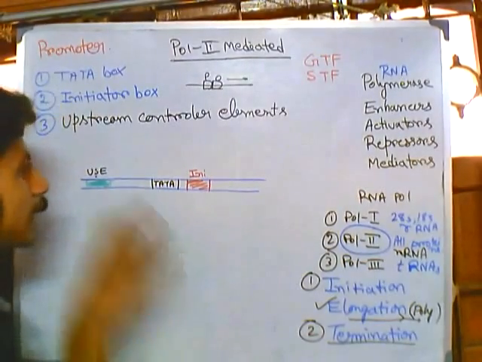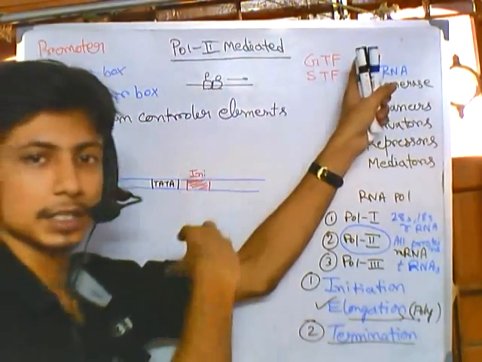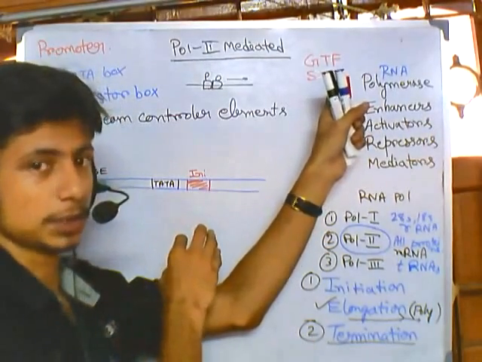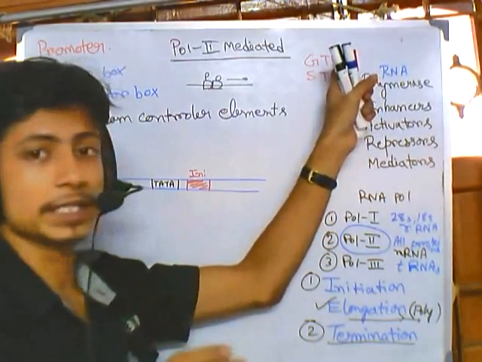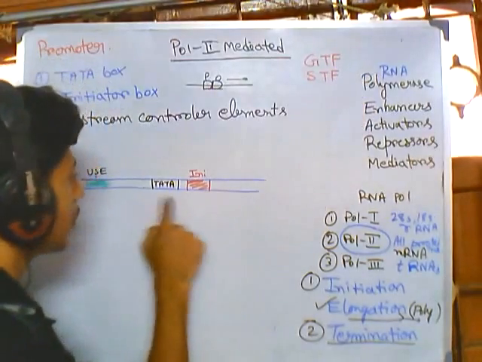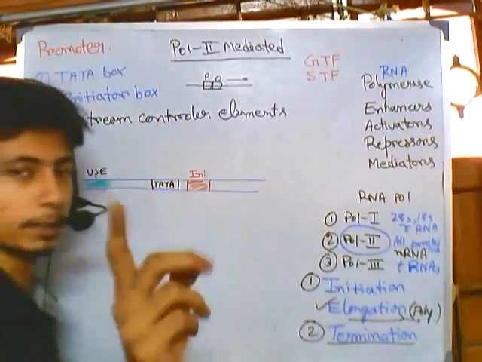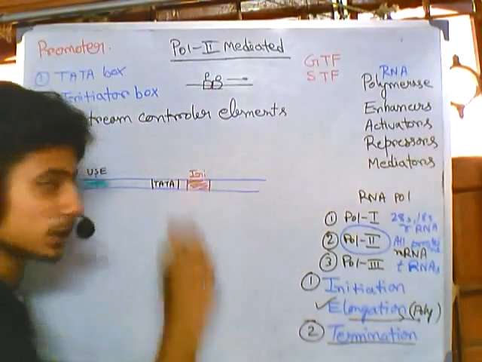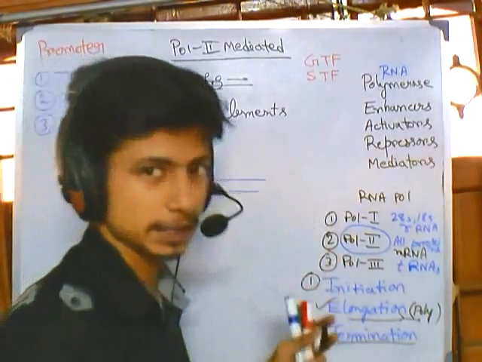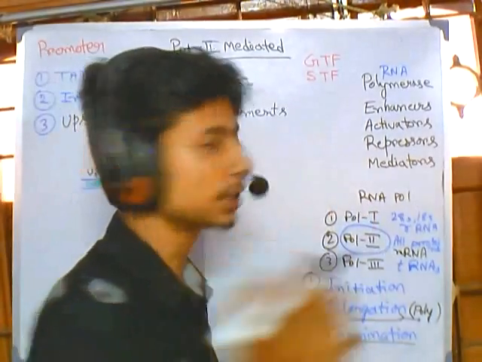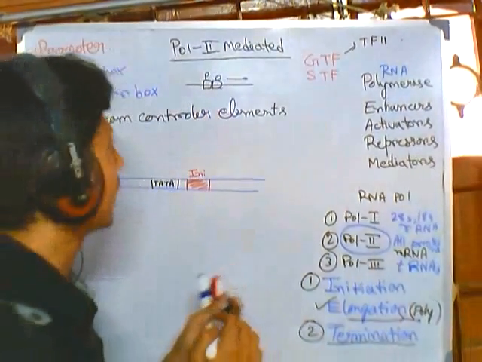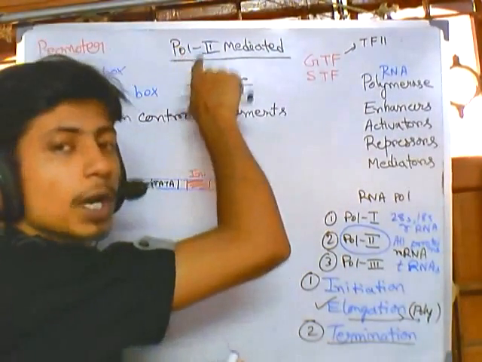Now there are general transcription factors involved in this process, and there are specialized transcription factors involved in this process. The generalized transcription factors will interact with the Tata box as well as the initiator box. Remember, GTFs will interact with the Tata box and initiator box. Remember how the nomenclature comes in: they will be called transcription factor 2, because we are talking about the transcription factors involved with RNA Pol 2.